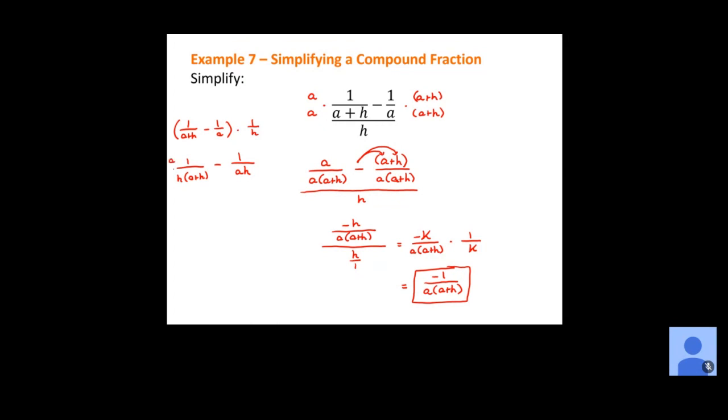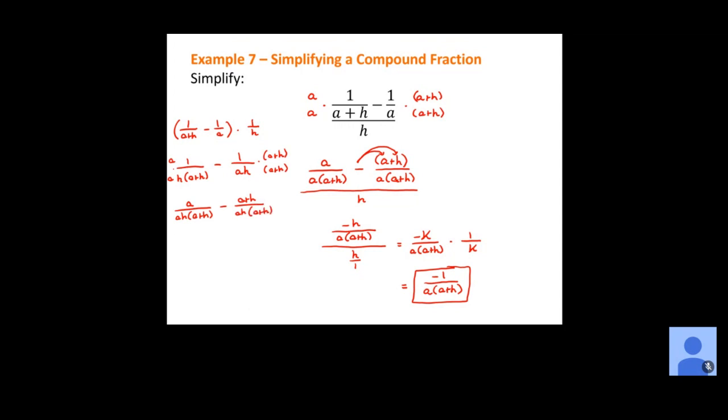So we would still multiply by a over a, and this one would be a plus h over a plus h. That's going to give us a over ah times a plus h minus a plus h over a plus h.